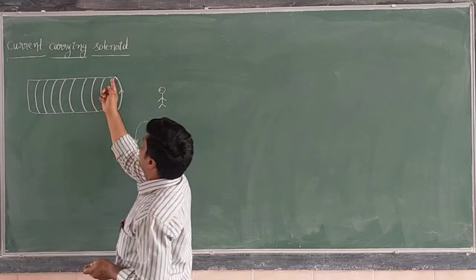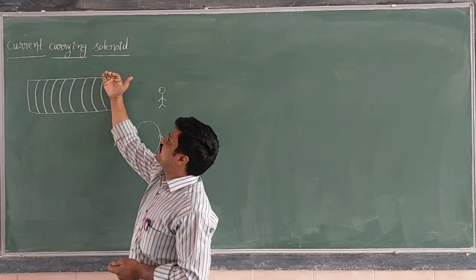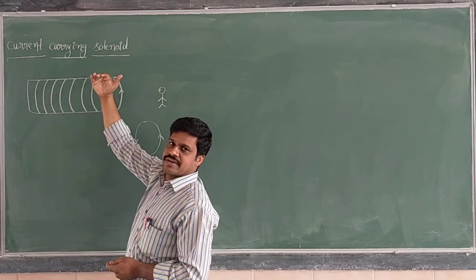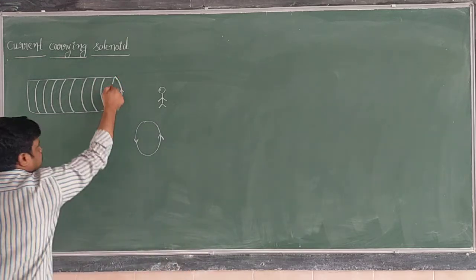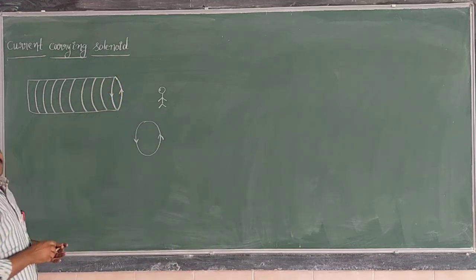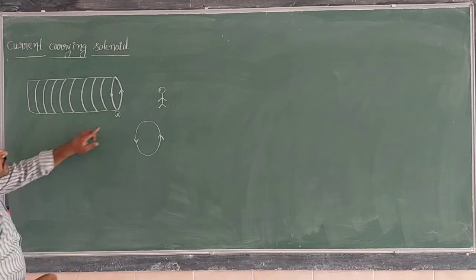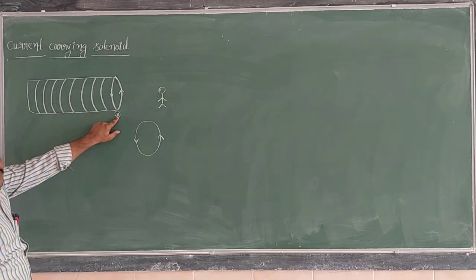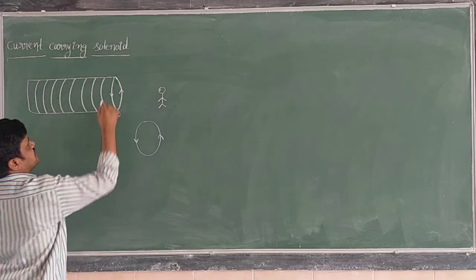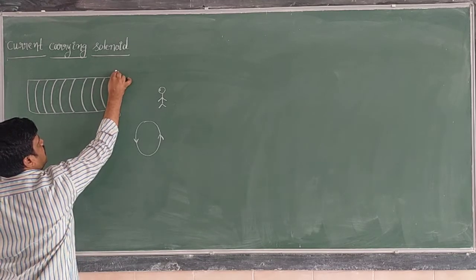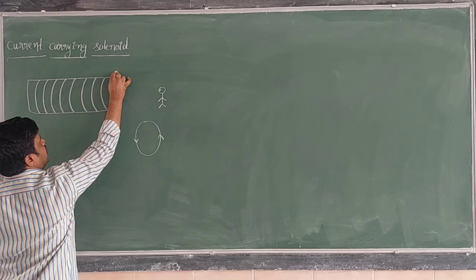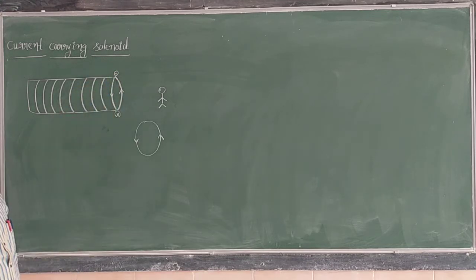At the top, the current is in which direction? Outward. At the bottom, the current is inward. I can represent inward with a circle cross, and outward with a circle dot.